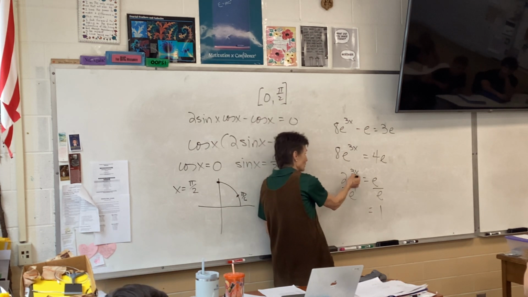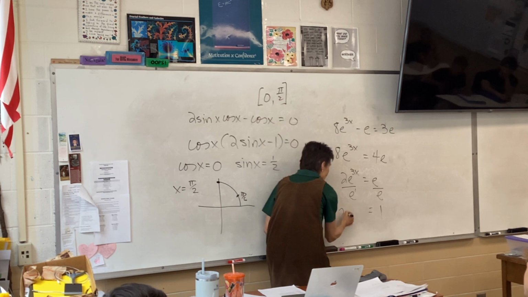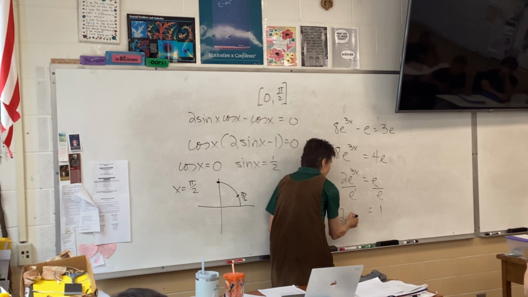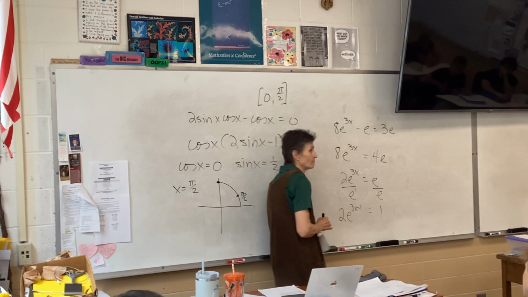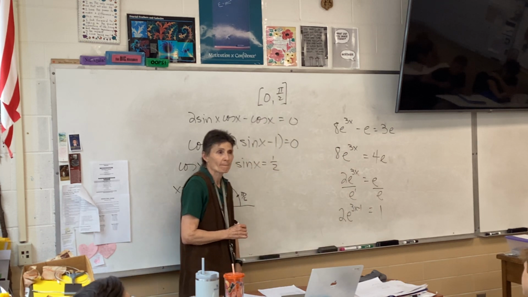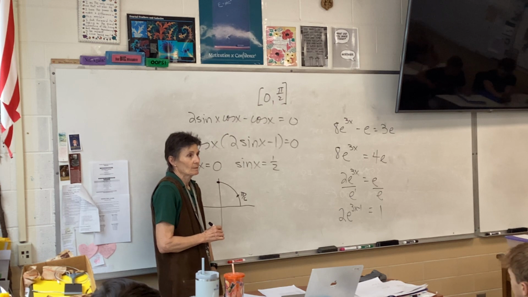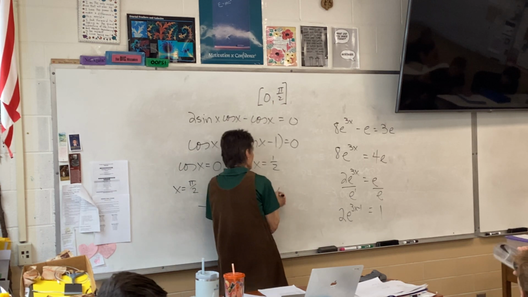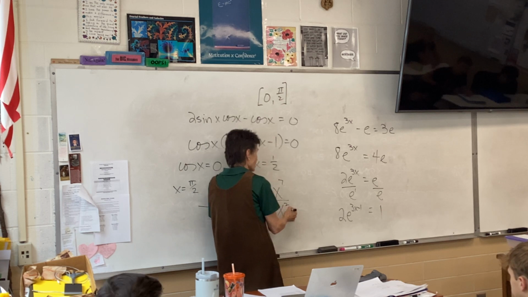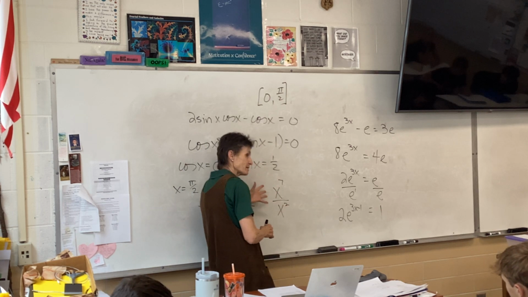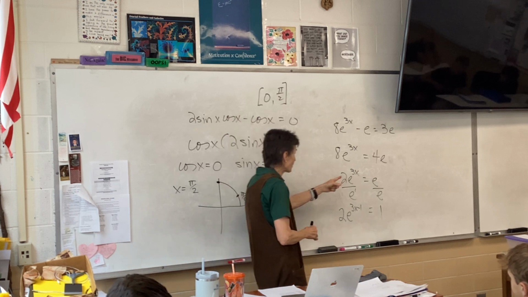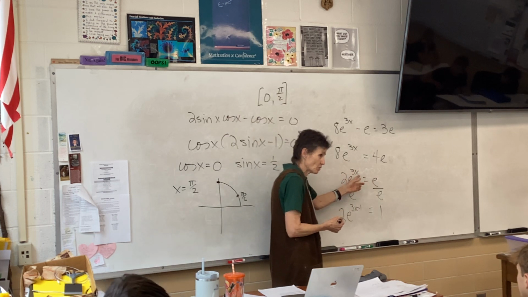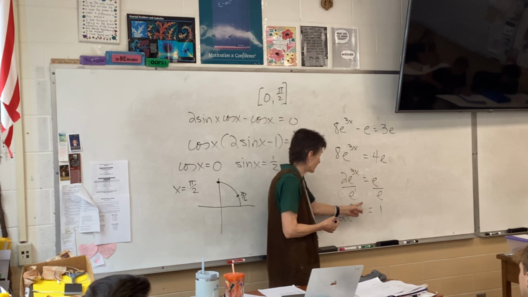So how would I put those together? 2e to the 3x minus 1? Sure, right? So if you had x to the 7th over x squared, then wouldn't that be x to the 5th? When these are variables, it doesn't change, you subtract the exponents, okay?